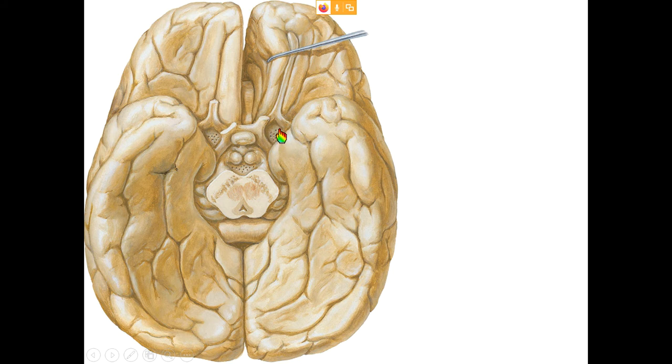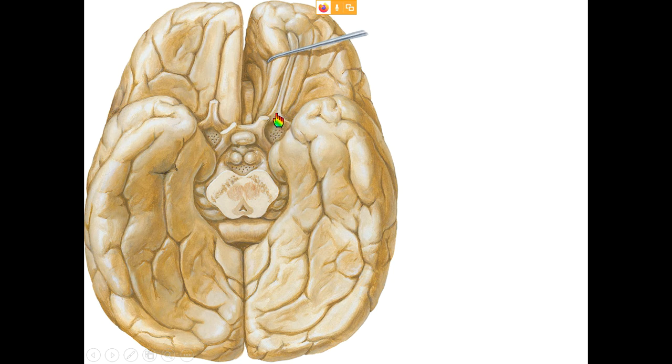Then we can identify the anterior perforated substance, which is just present above the stem of the lateral sulcus. We can identify a diamond shaped part over here, lateral to the optic chiasma. This substance is called the anterior perforated substance. It is bounded in front by the olfactory trigone.